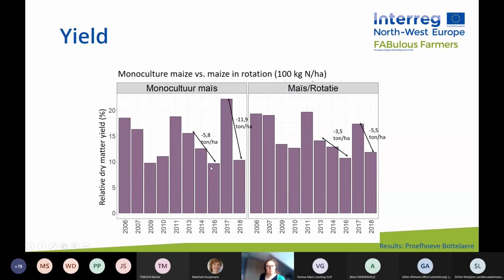And then you see the difference between good years and bad years, for example 2017 was a good year in Flanders, and 2018 was not a good year. And you see that the difference in yield is much more expressive in monoculture compared to maize in a rotation, so it gets more stable.